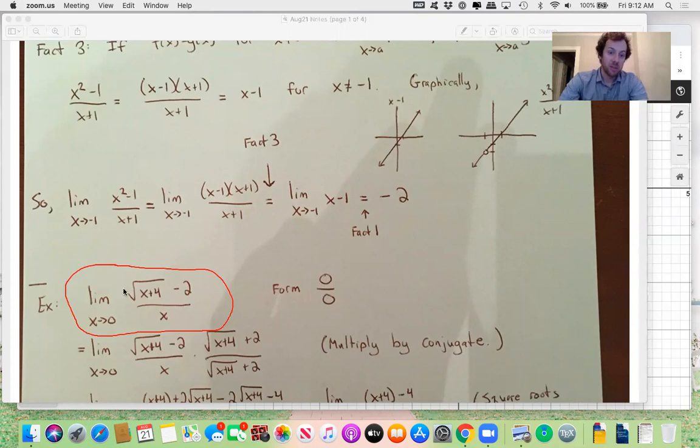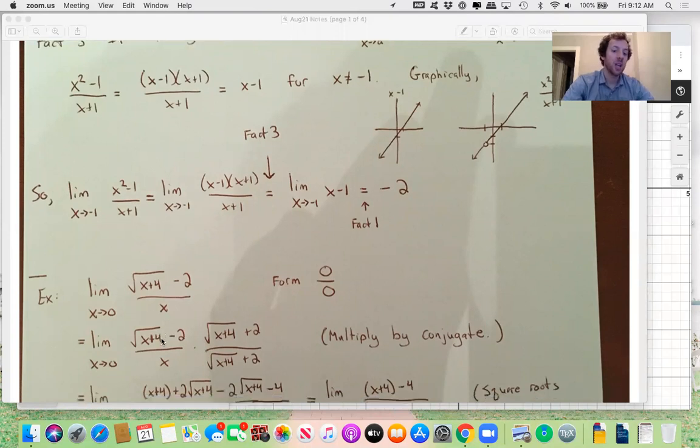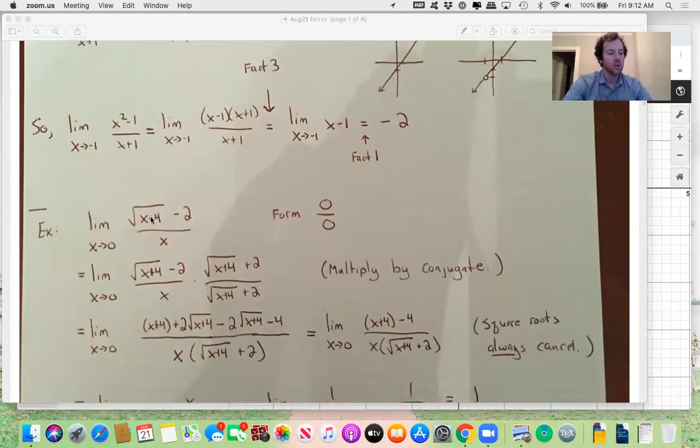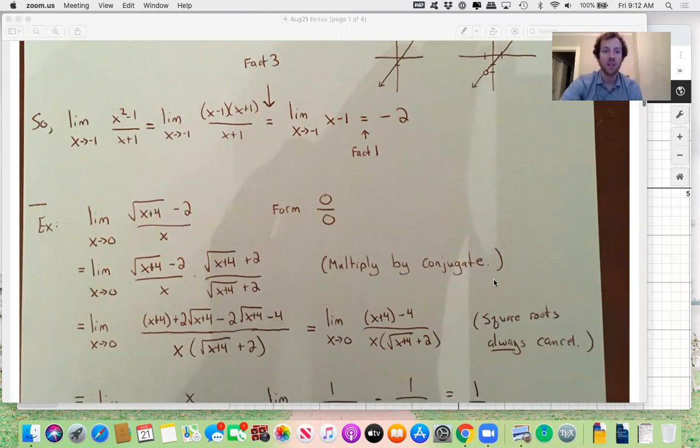What is obviously very different is we can't factor the top, so we're going to have to do some really different algebra. For limits of this type, with this square root, there's essentially one correct move to make. There's one algebraic maneuver you can do, which will get you to a place where we can do the cancellation we're looking for. And this is what's called multiplying by the conjugate.